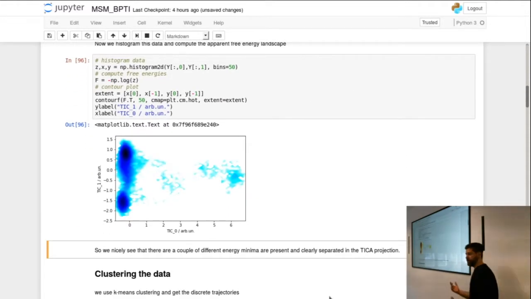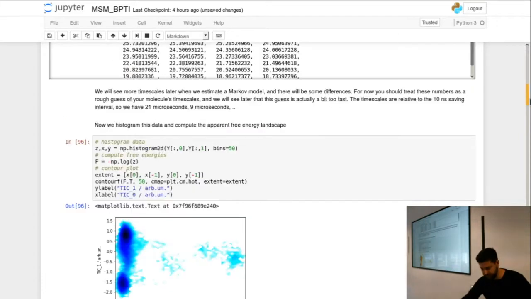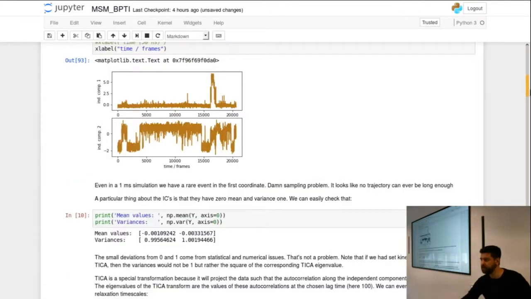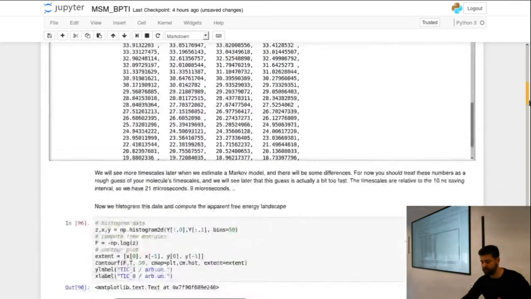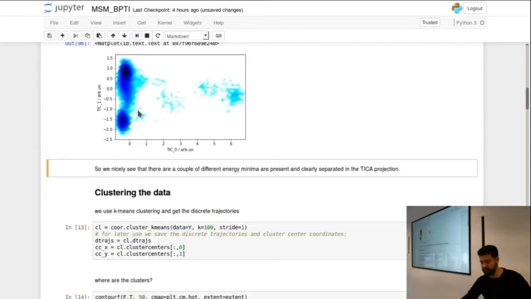I am hoping that in your minds you're not having much difficulty connecting this time-dependent trajectory with this free energy where time has been integrated out. So this is just like the marginal distribution of these two time traces.